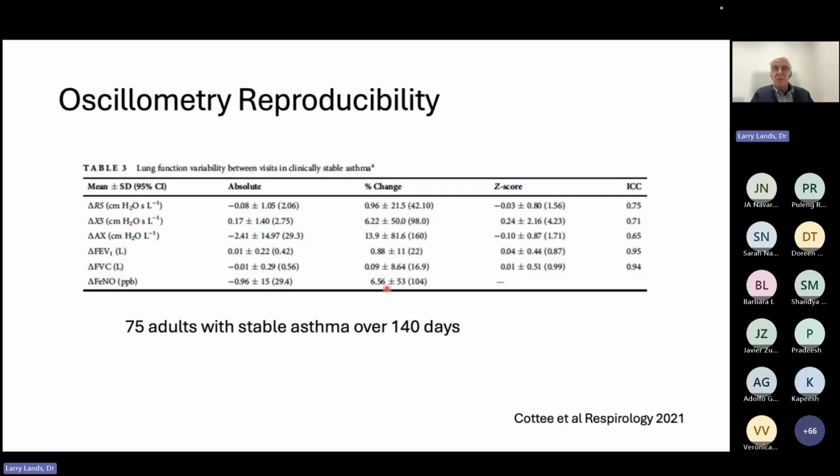Notice there was some variability as well with percent predicted measures. But if you measure in Z scores as opposed to percent predicted, again, the variations were small. So if your patients are stable, you do expect fairly stable numbers, and you can use these to track your patients.